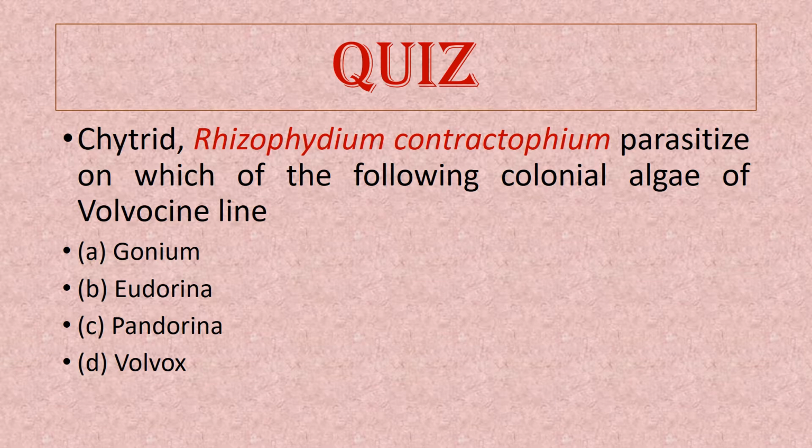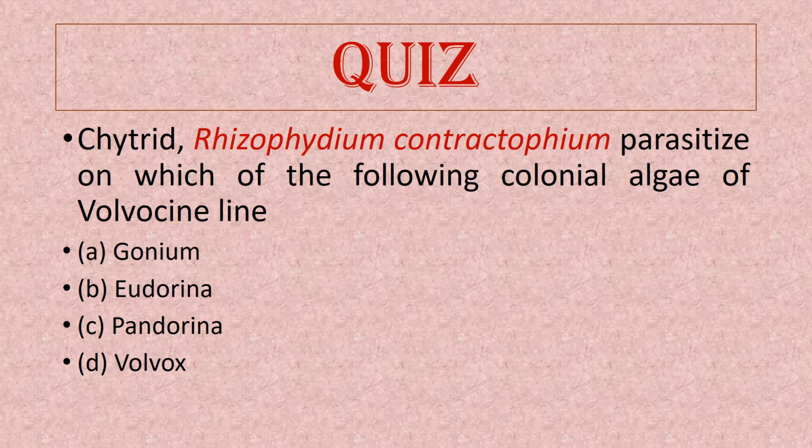So here the question is: Rhizophidium contractophyllum parasitizes on which of the below algae of the Volvocine line? The Volvocine line is the line belonging to Volvox.